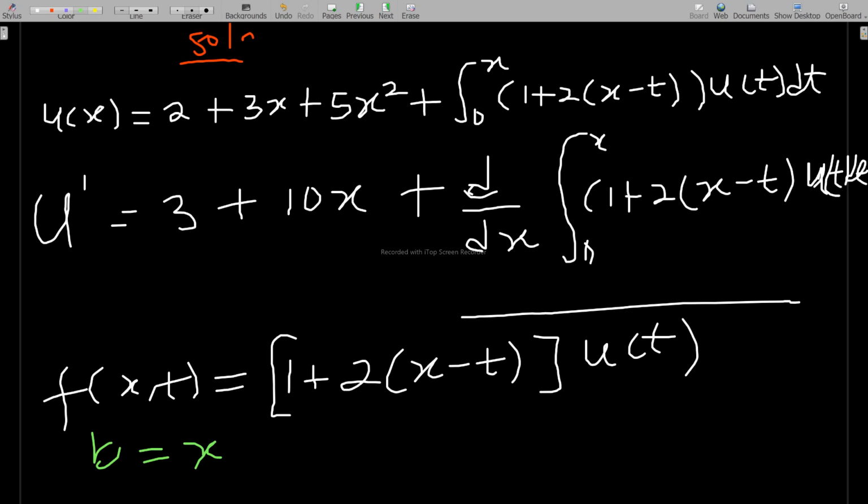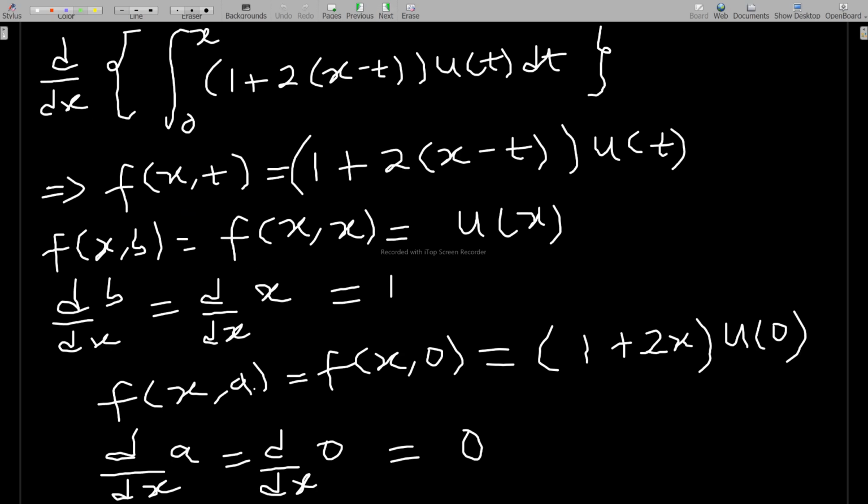So let's go through that together. With this differential, our f of x, t, like I said, is given by 1 plus 2 times x minus t, multiplying u of t. Then our f of x, b is the same as f of x, x since our b is x. Wherever I see b, I put x there.